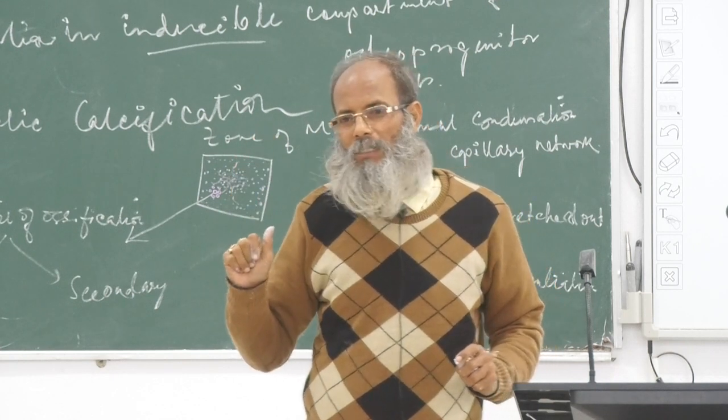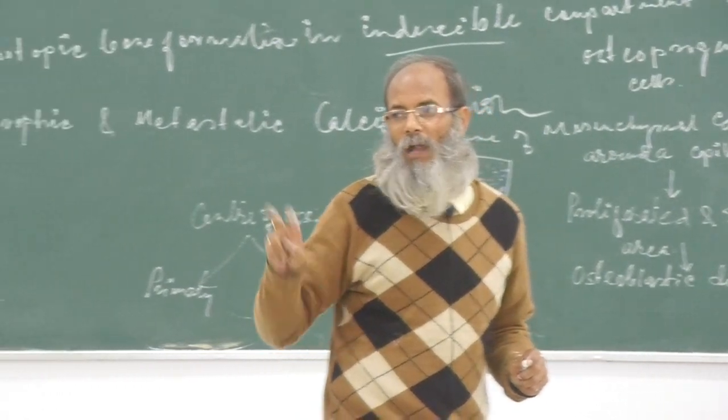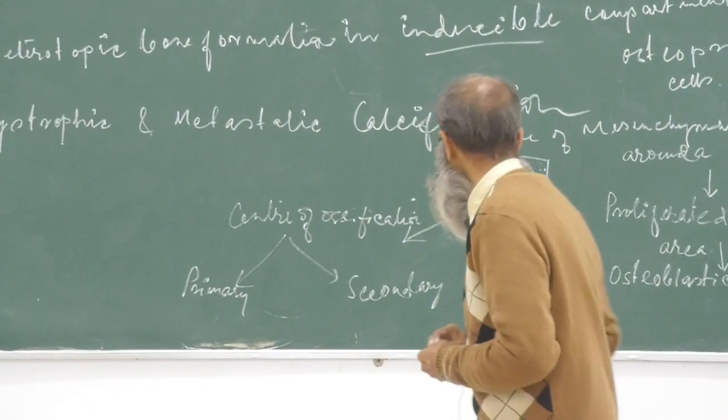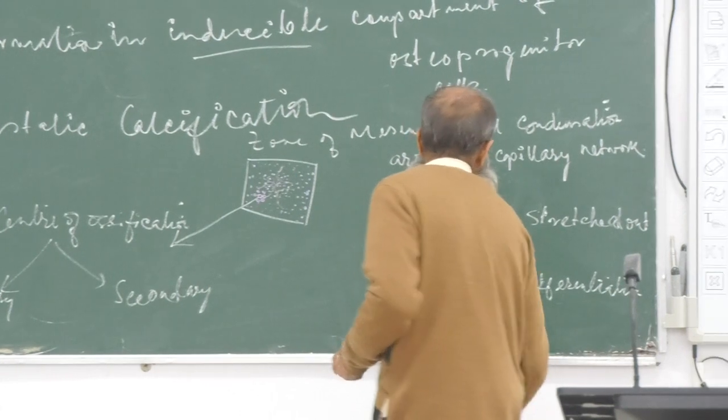This joining of the epiphysis with the main bone has two forms. So what happened? Understand this a little.